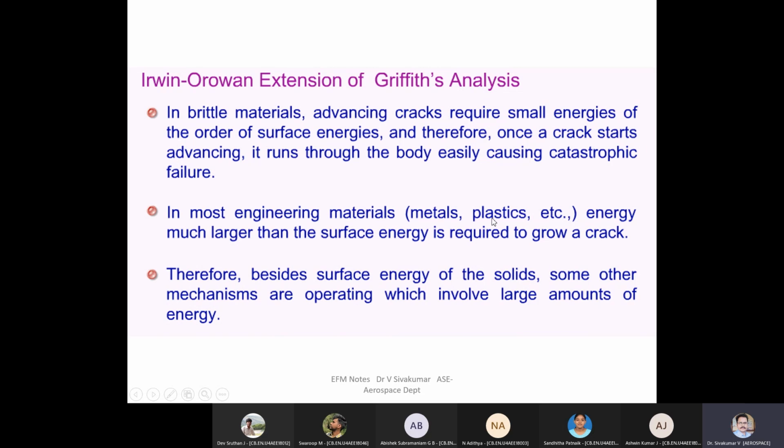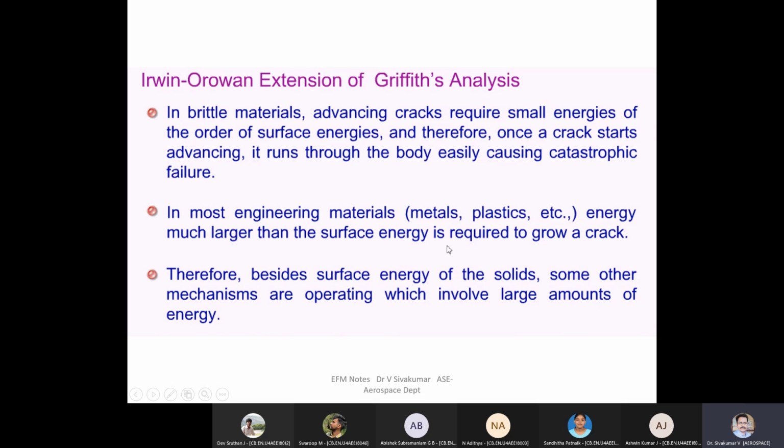In most engineering materials like metals, plastics, etc., energy much larger than the surface energy is required to grow a crack. Griffith analysis may hold good for brittle materials, but in ductile materials like metals and plastics, you need more energy than the surface energy.